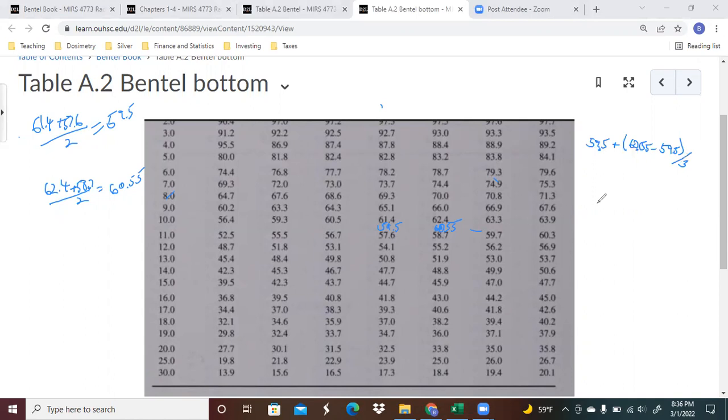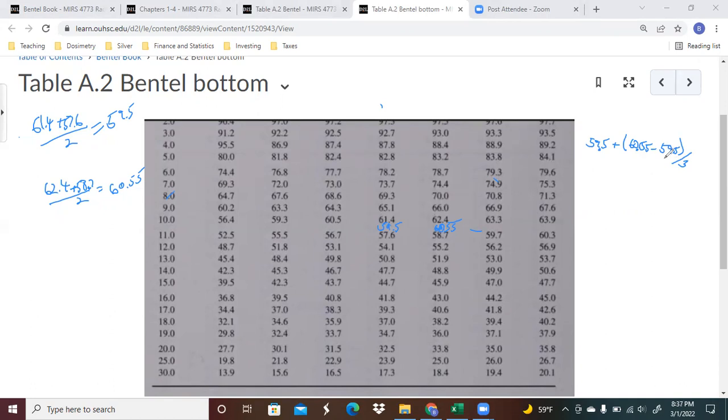This is the way you do it. You take the lower value, then take the distance between the two and cut it by a third, because you're looking at 13 by 13. You're not looking for a 12, and you're not looking for a 15. Since 13 is a third of the way between 12 and 15, that's what I'm going to do. If it were a 14, then I would multiply this difference by 2/3.